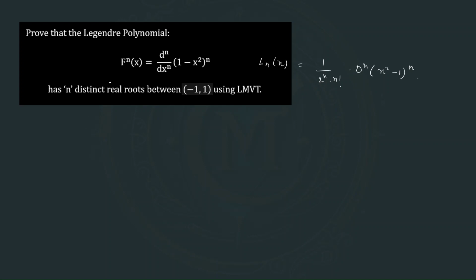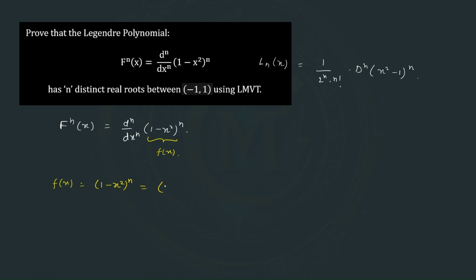So this function is the nth derivative of the function (1 minus x square) whole to the power n. Now let us assume this function as f of x. So f of x is equal to (1 minus x square) whole to the power n.